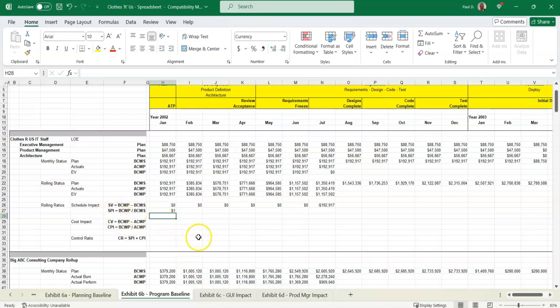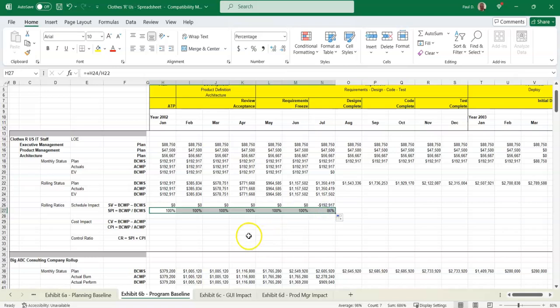So it's a ratio. It says $1 because it's not in a percent format, so you change that to a percent format up here at the top. And you see that it's 100% SPI, which is good, perfect. And it should stay that way throughout for an LOE project unless you somehow get behind schedule and you add tasks, but in this case you're not.